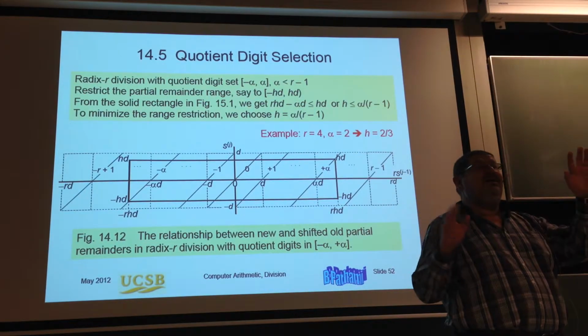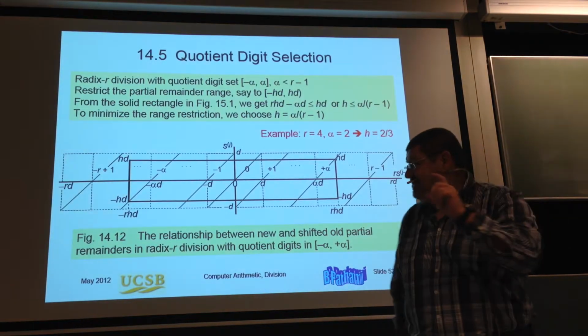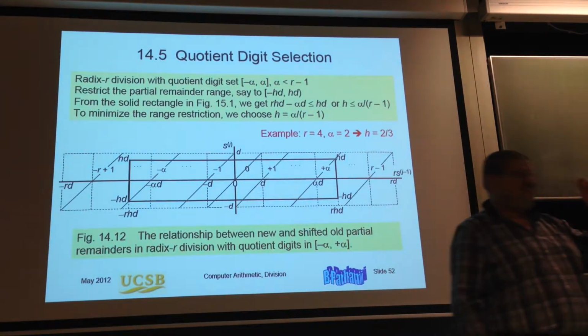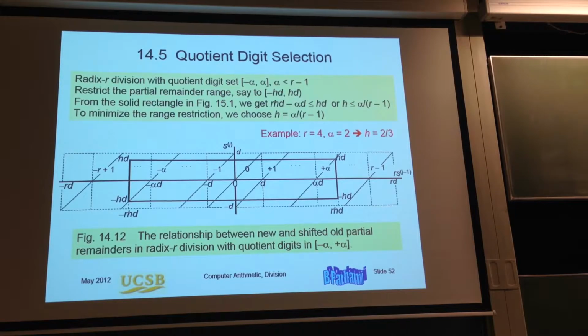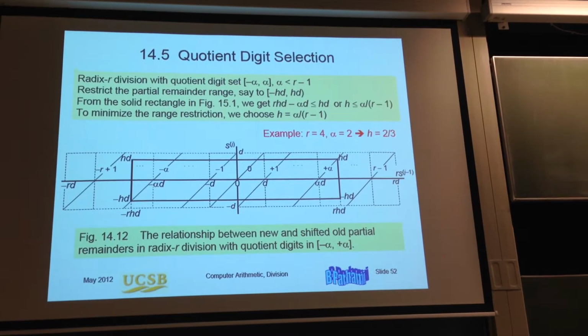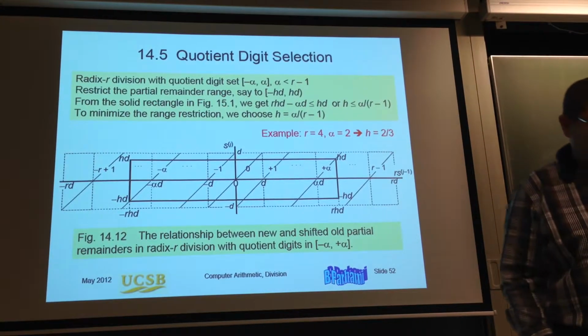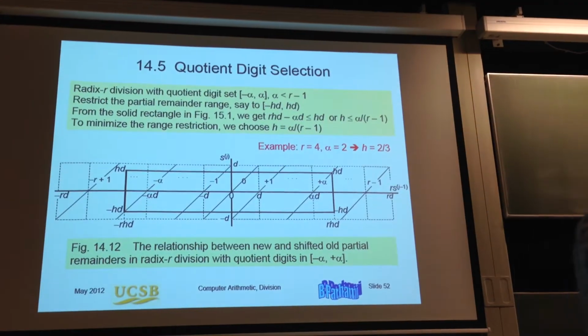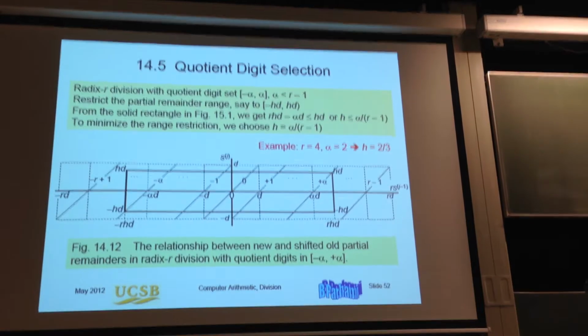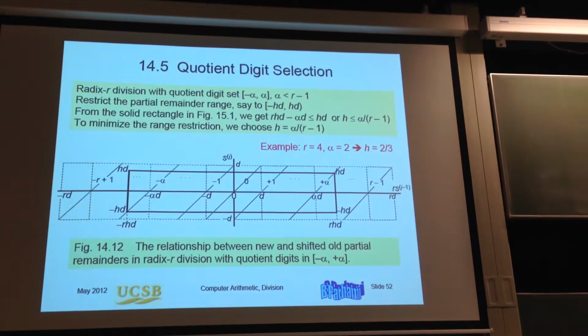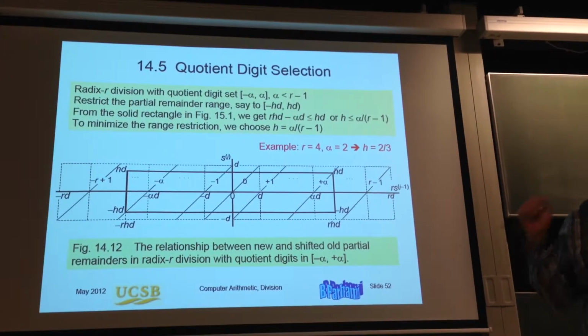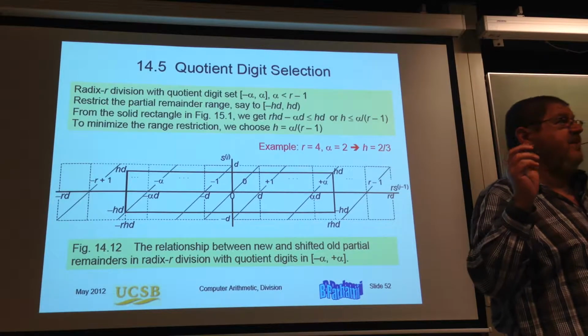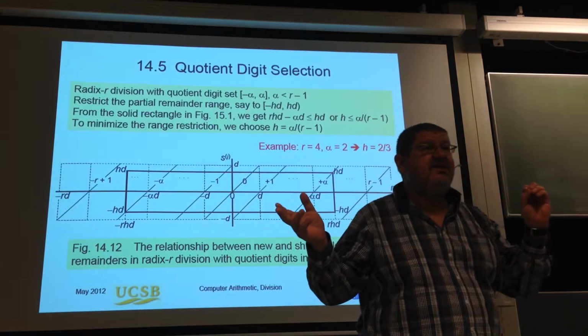Then for division, we have a space which is determined by D and P, or by the divisor and the dividend.